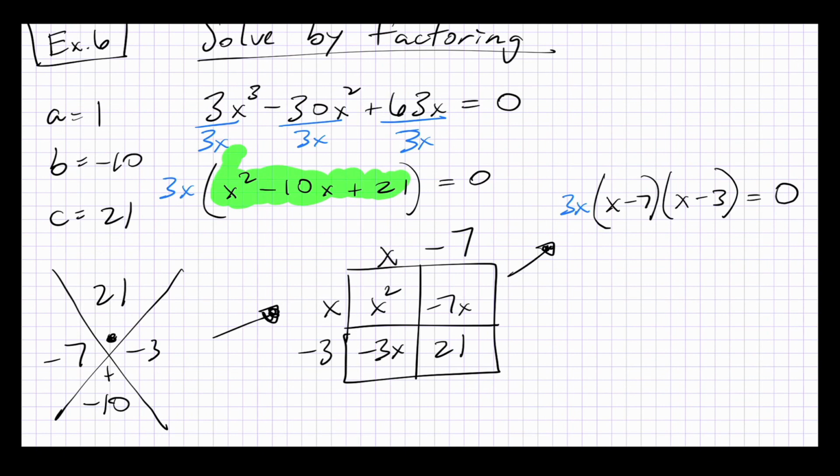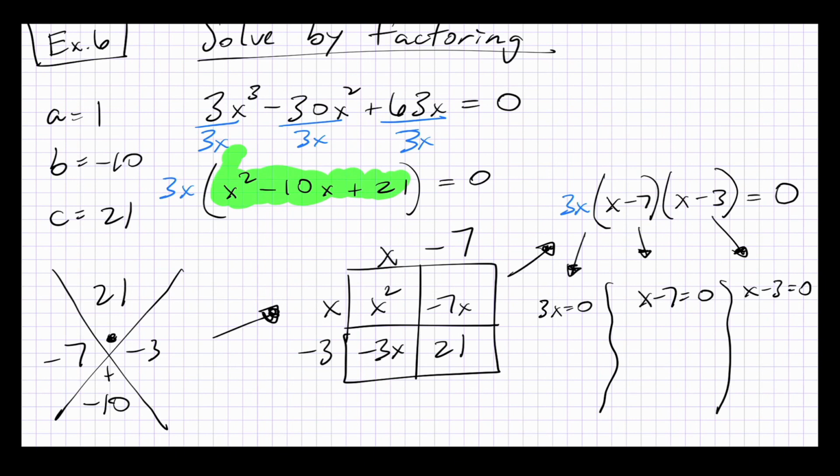If it said factor, we'd be done, but it said solve, so we got to go 3x equals 0, x minus 7 equals 0, x minus 3 equals 0.